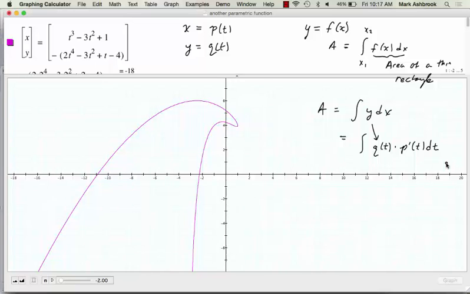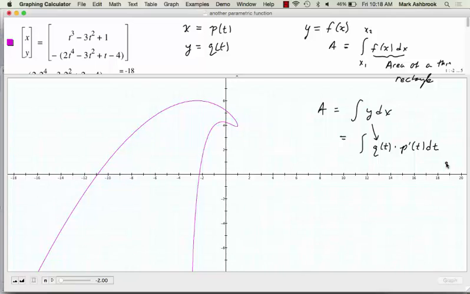It's still calculating vertical rectangles to the x-axis, because it's equivalent to this, right? These are our thin vertical rectangles between the curve and the x-axis, and we're just making that equivalent in t.